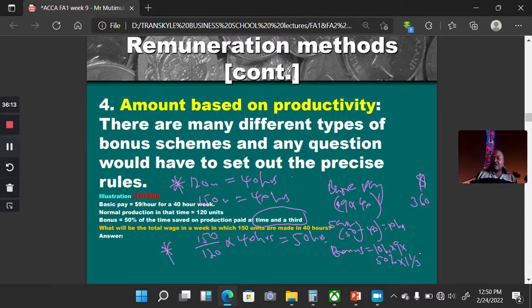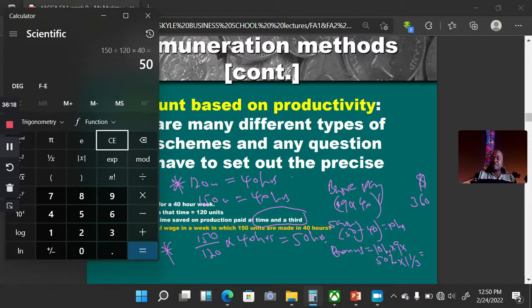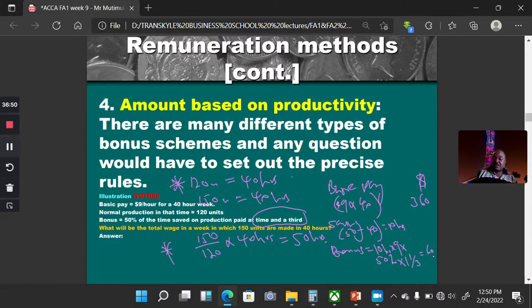Okay, so if we use a calculator to punch these figures, 1 and a third is the same as 1 multiplied by 3 plus 1, that is 4/3. Okay, 4/3. For those who have got problem with their calculators, you might start with 4/3. Okay, you get a figure there. All right, multiply by 50% is 0.5, multiply by 9, multiply by 10, that's 60. So the bonus is 60 here.